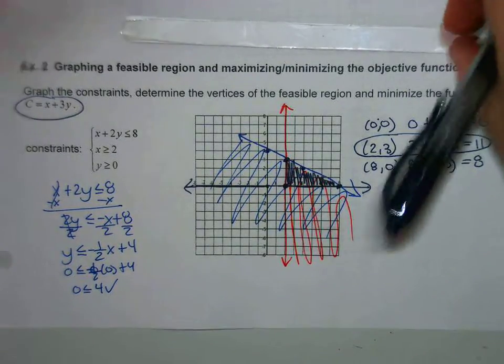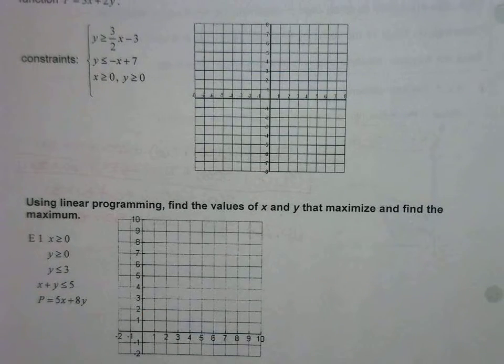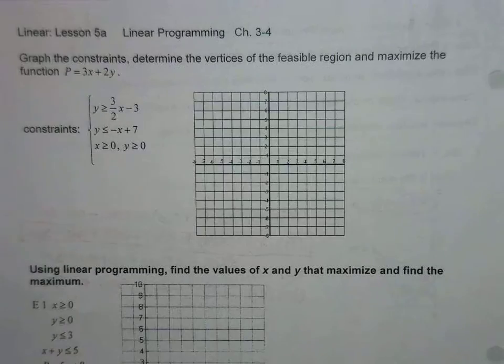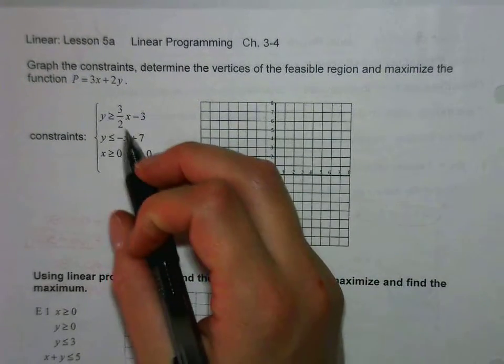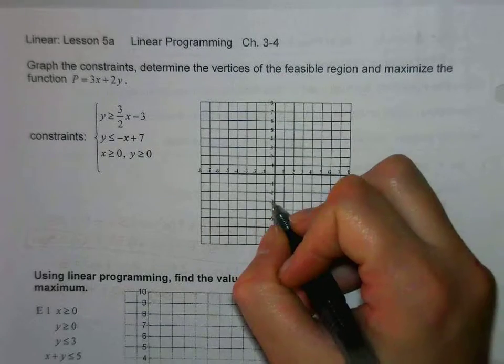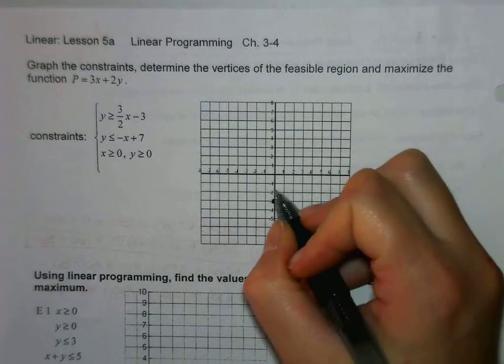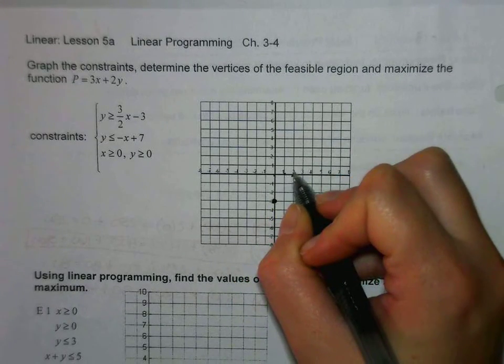Let's look at a few more. So let's graph our first equation. We have y-intercept negative 3. Our slope is 3/2.